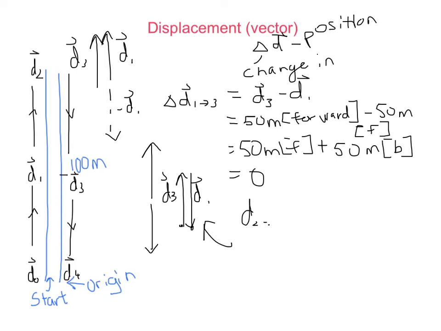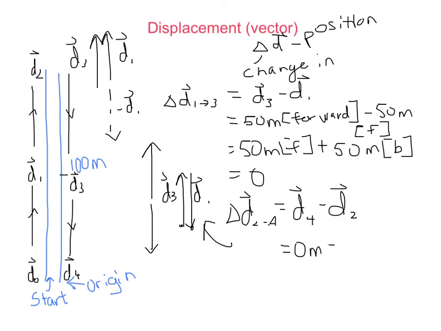So let's go, we want the change in position between D2 and D4. So that's D4 minus D2. D4, if you look back on the other page, is 0 meters.